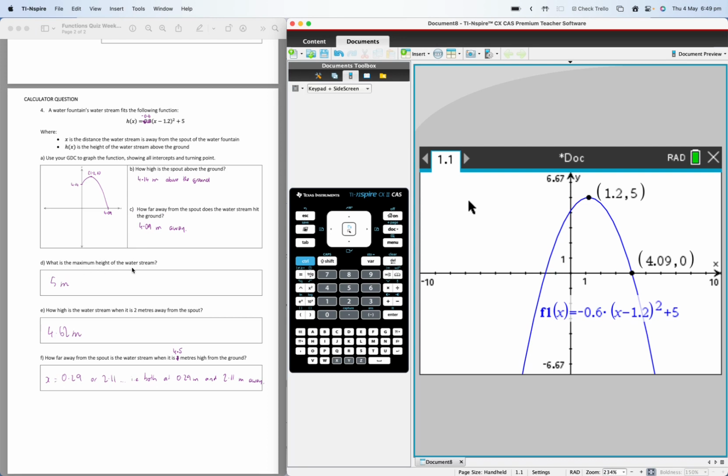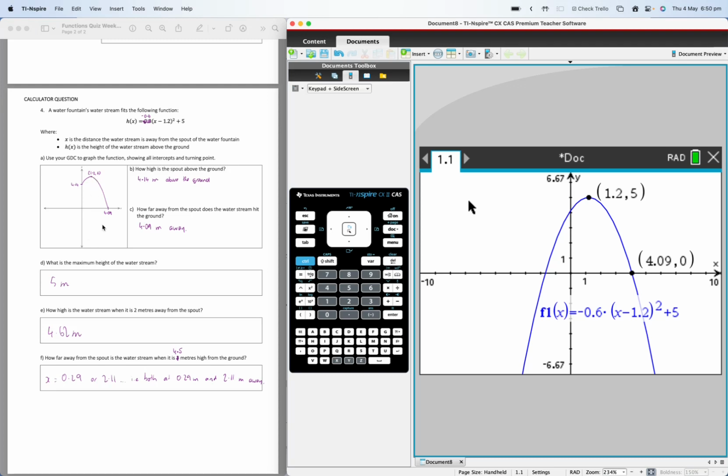Next question, what is the maximum height of the water stream? Now that we're talking about the maximum and the water stream, we can look at our turning point and decide, do I want 1.2 or do I want 5? Well, 1.2 would be how far away from the spout the maximum is.